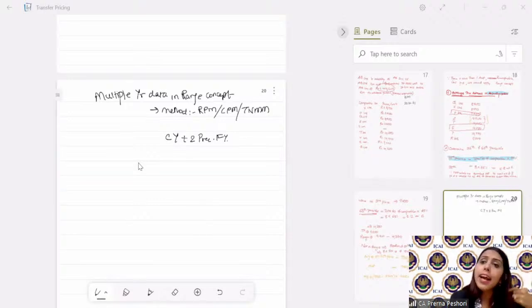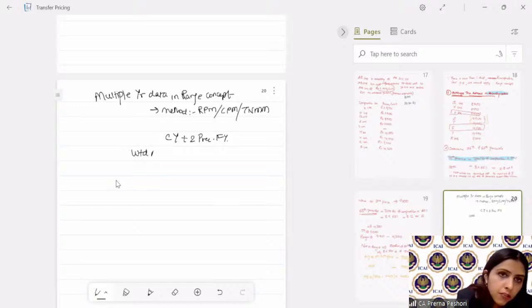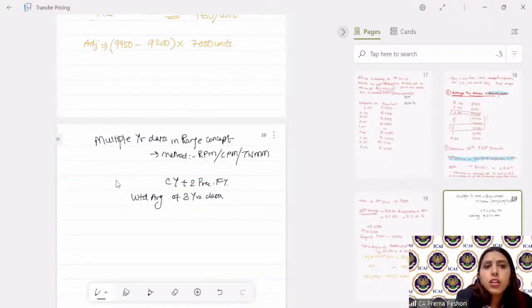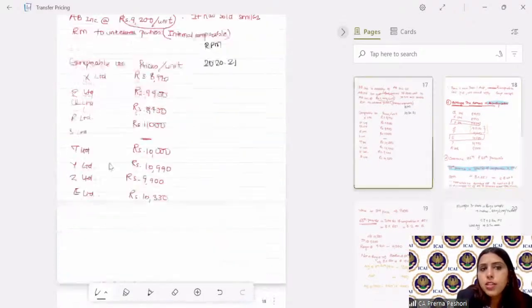But if the AO has the data available subsequently, then he will use that data. Here, for the purpose of applying the range concept, you can use the total 3 years data. And then you will do a weighted average of those 3 years data. So how will the weighted average be done? Here I am using just 1 year data because it was the CUP method.